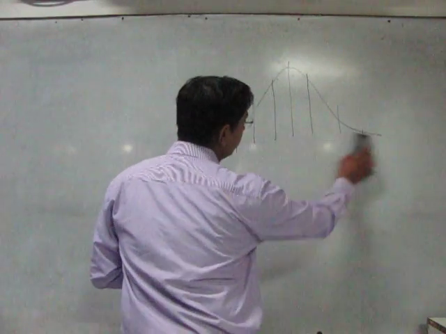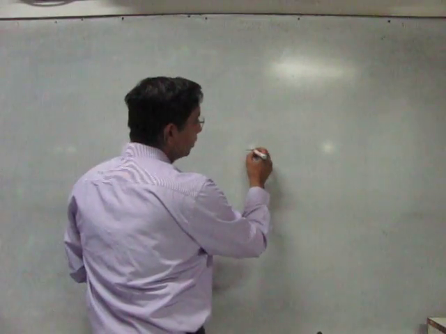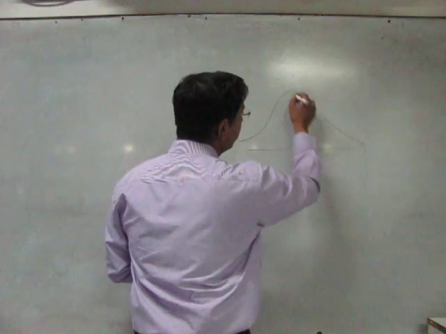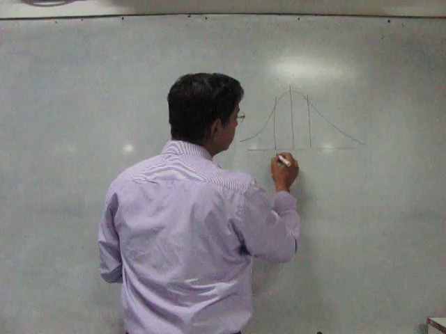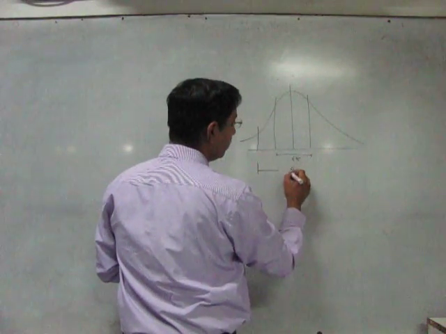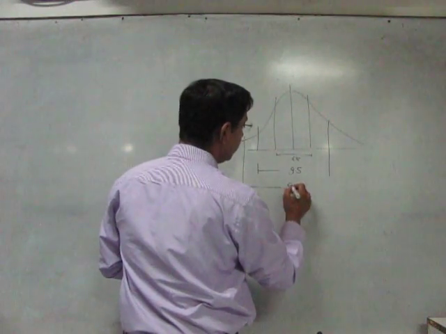Now, based on this understanding, if we draw the normal distribution curve again, we all know that within 1 SD minus and 1 SD plus, this is 68, this is 95, and this is 99.